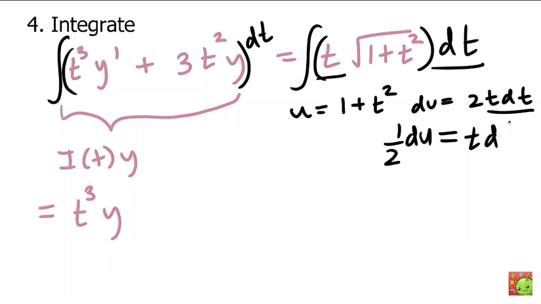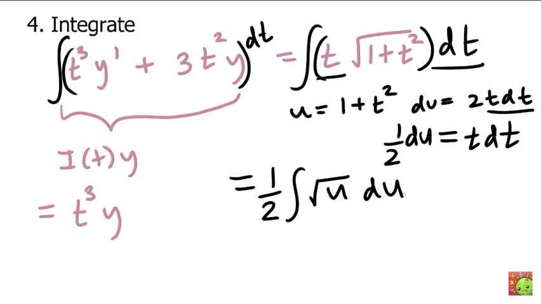Now we can substitute the t dt in the integral with what we got here, which is one half du. I'm going to put the one half on the outside and substitute the t dt with the du. So we're just left with the square root of u du, which we can solve using basic integration.